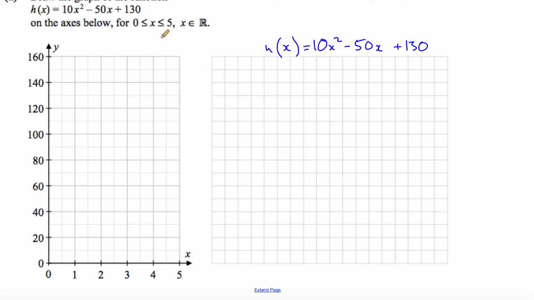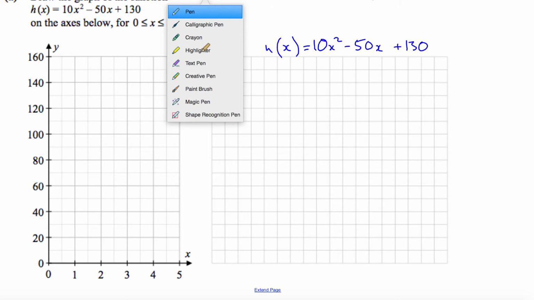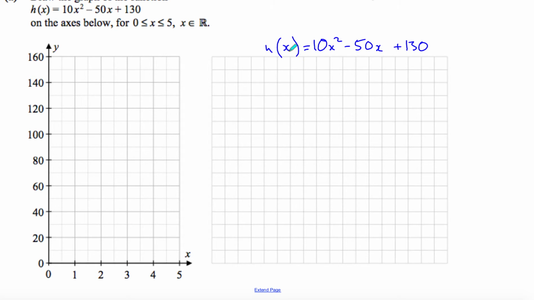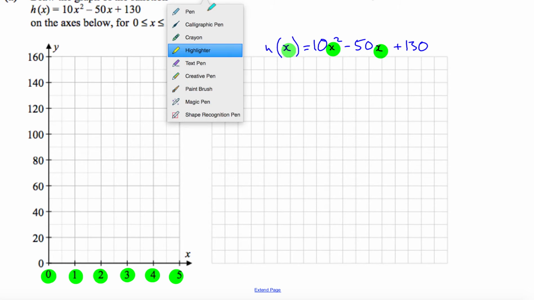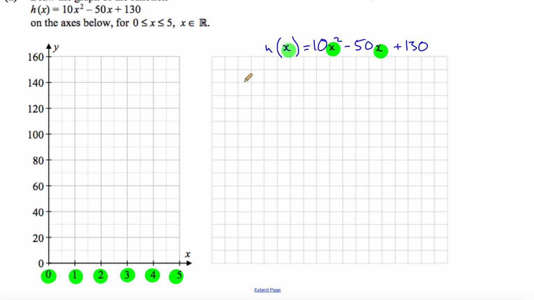So what I'm going to do then is I'm going to change my x values here for all these values individually. These x values here, I'm going to change them for all of these values along here. I'm going to find my corresponding y value, or my h of x value. So let's have a look.